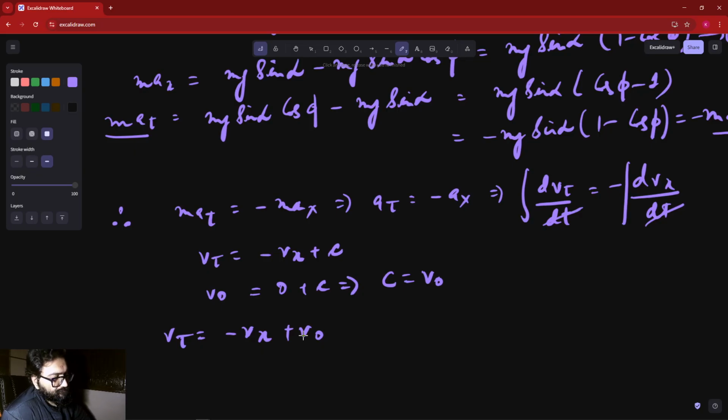Okay. Now, note a few things. Vt is actually the resultant, okay, of two components of velocities. One is Vx, the second one would be Vy. Initially Vt is towards Vy. By Vy I mean the direction which is perpendicular to the incline on the surface of the inclined plane.